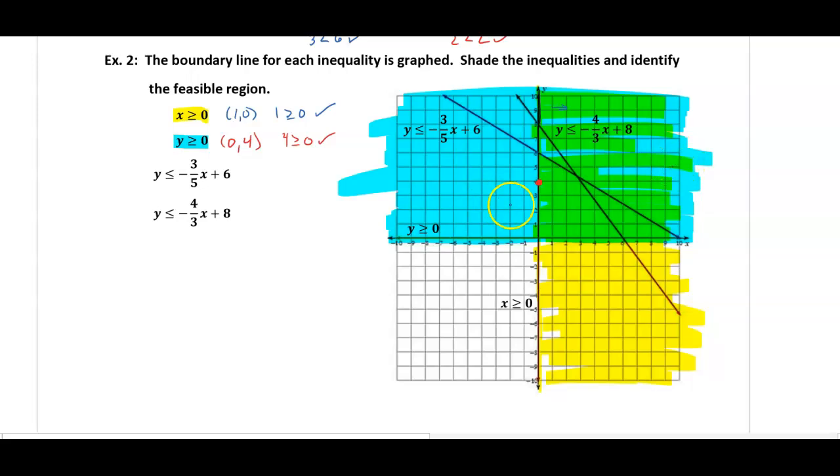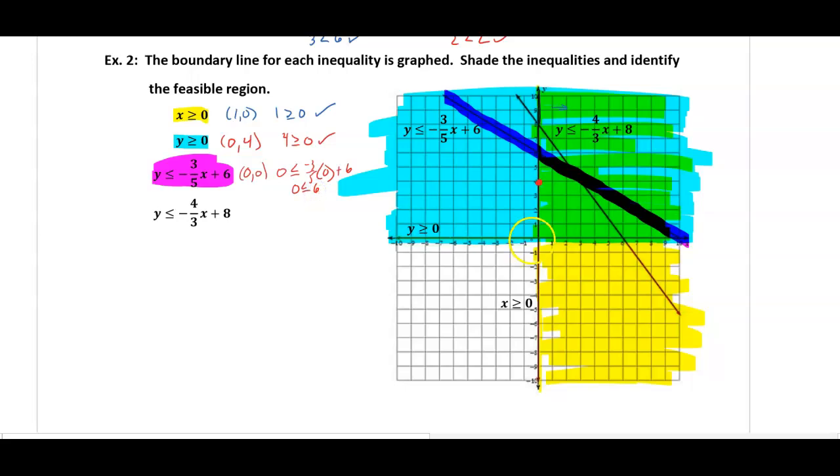So we know quadrant 2 and quadrant 4 will host no solutions, and even 3. Okay, so now we move on to the next one. If I look at this one here, the boundary line there is this one right here. Now, if I use (0, 0) as my test point, is 0 less than or equal to negative 3/5 times 0 plus 6?